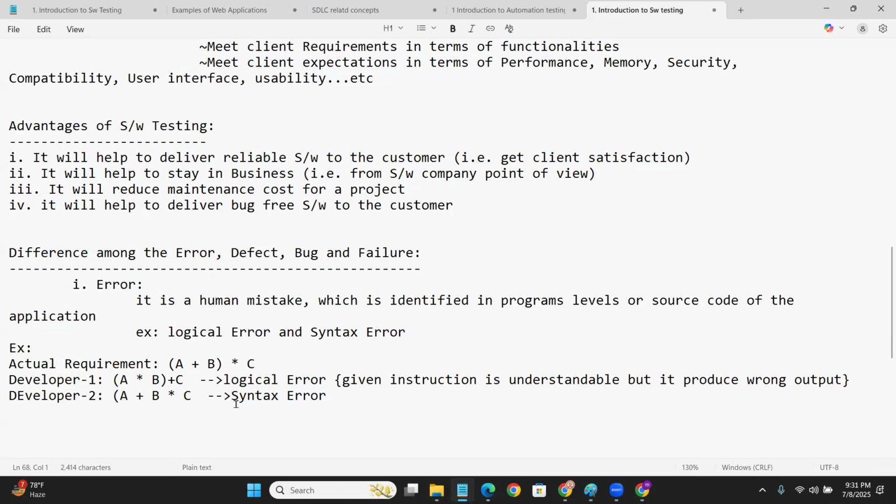So syntax error we call when the given instruction is not understandable. That is a syntax error. Okay, understand? Is it clear? What is a logical error? What is a syntax error?